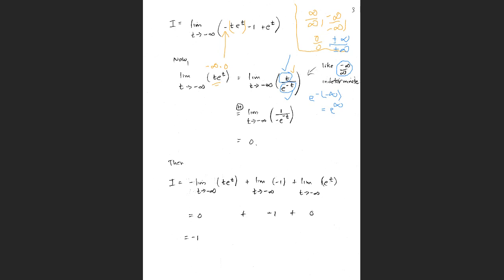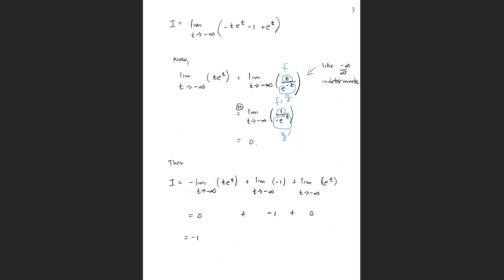And now we look at the limit as t goes to negative infinity of the ratio of the derivatives. So you have an f over a g, and this would be an f prime over a g prime.